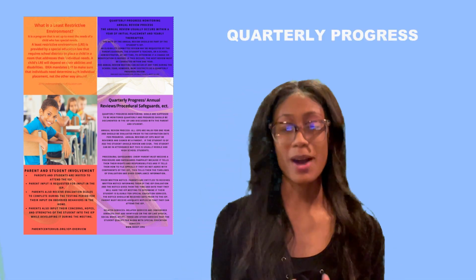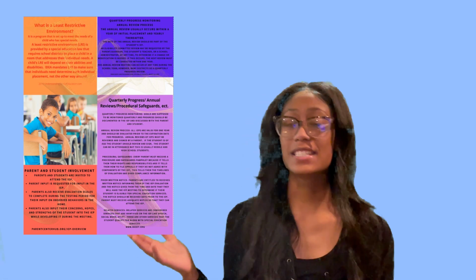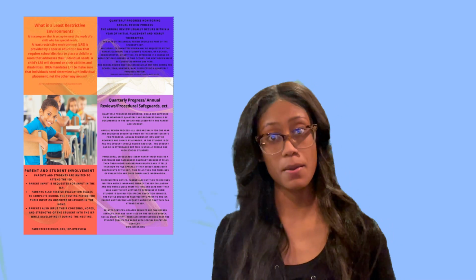Quarterly progress monitoring annual review process. The annual review usually occurs within a year of initial placement and yearly thereafter. The date of the annual review should be part of the student's IEP.